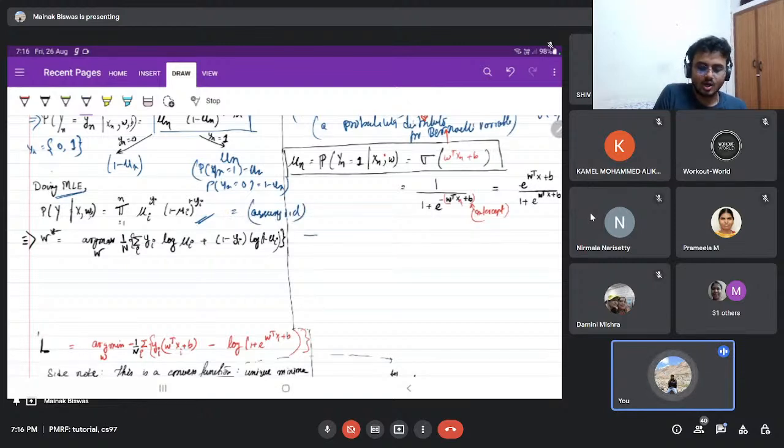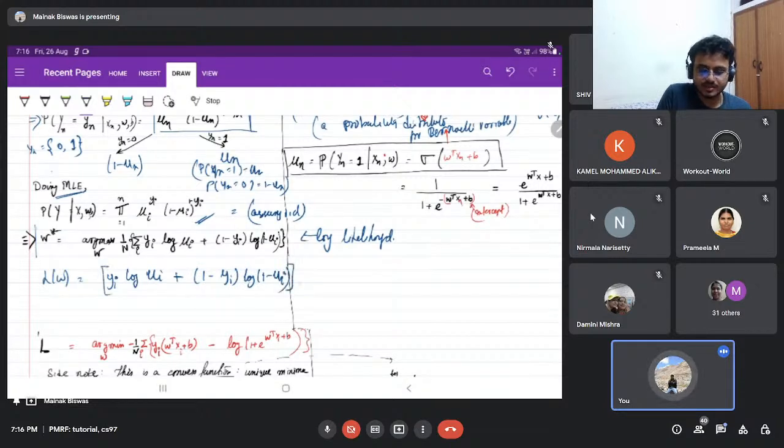And then you take the log likelihood. That is also the same, since log is an increasing function. So anyways, L of W equals the sum of yi log mu i plus 1 minus yi log of 1 minus mu i.